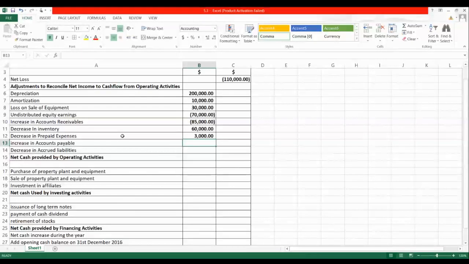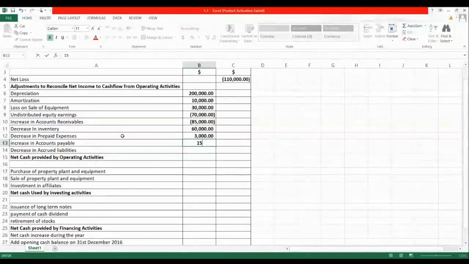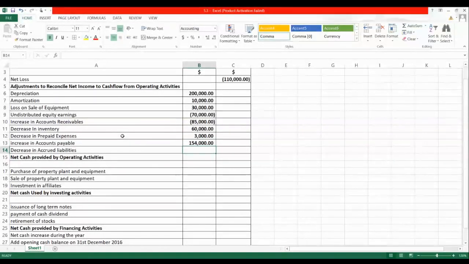This shows that we did not pay to our suppliers. So it means that cost of goods sold have purchases for which we did not pay. So we have non-cash expenses this year. So I am going to add it back because these expenses were not paid in cash, 154,000.